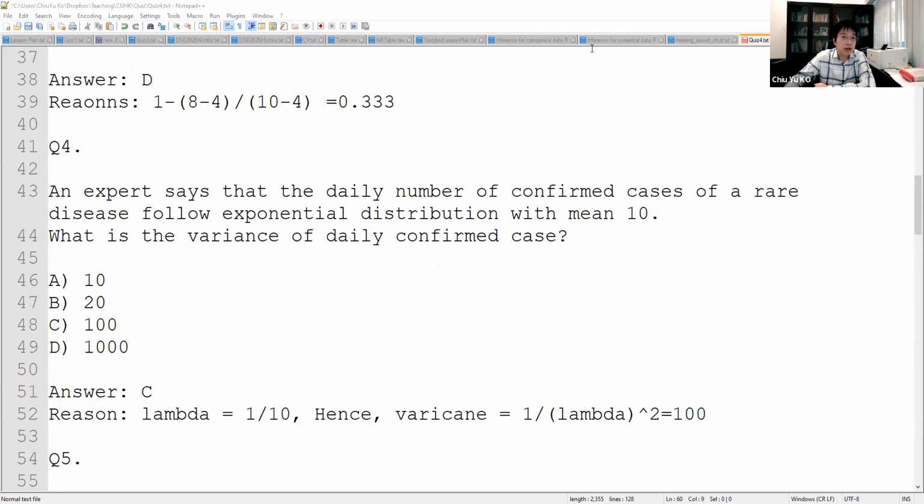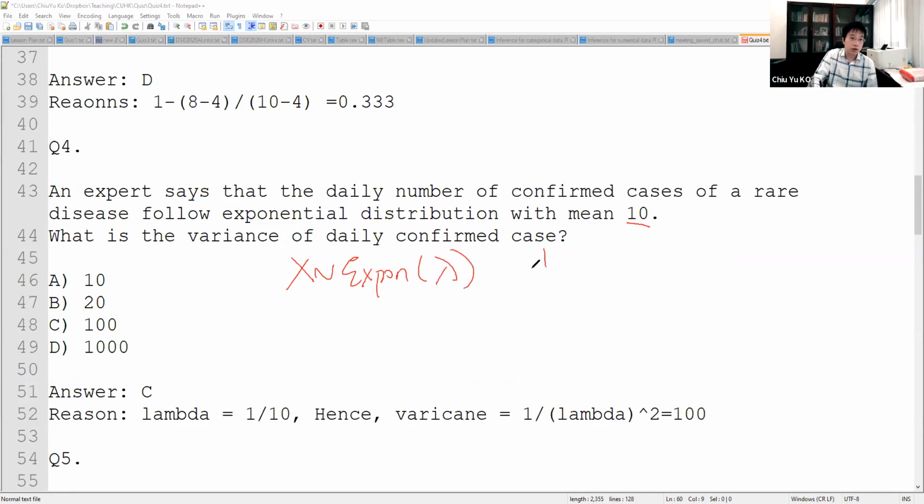For this one, it's asking exponential with mean 10, right? So X has an exponential distribution with mean 10, which means that the parameter is 1 over 10. Usually it's theta or lambda, right?